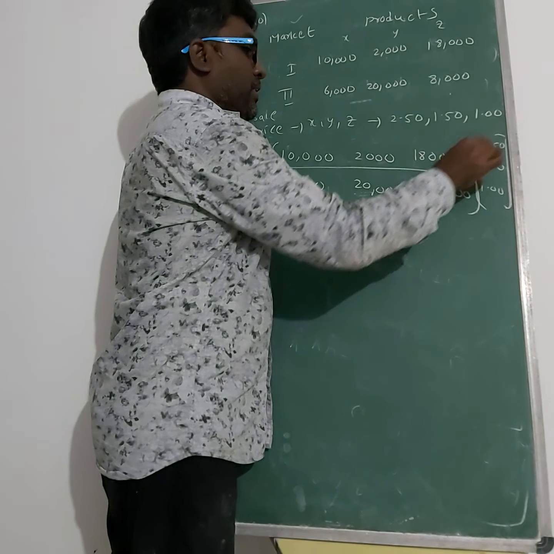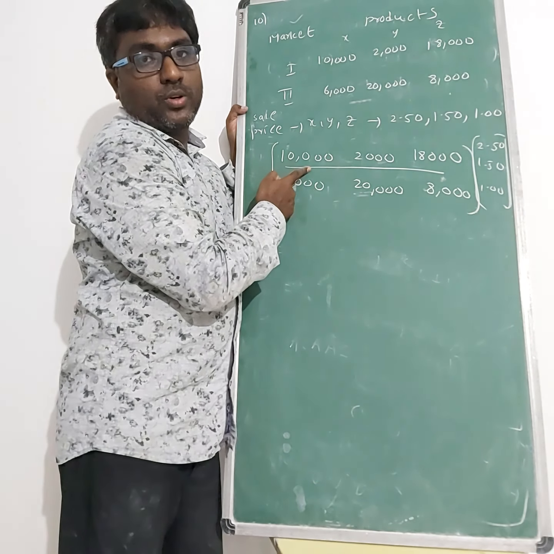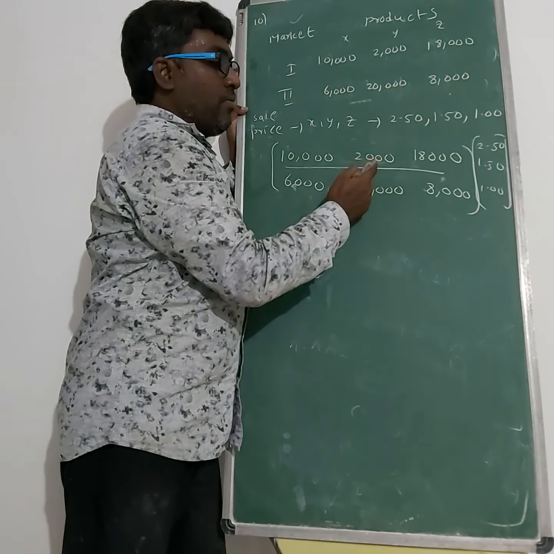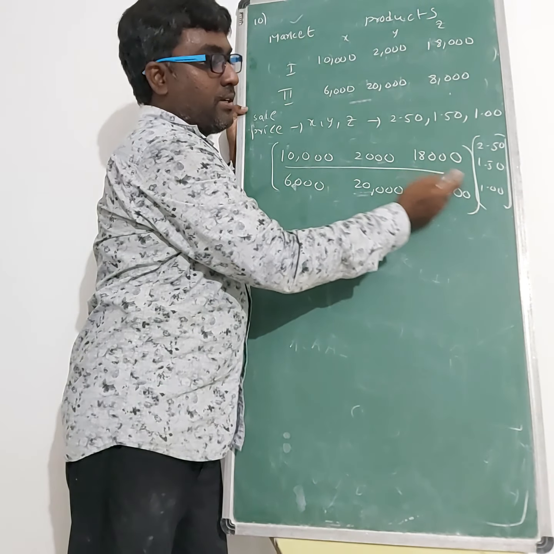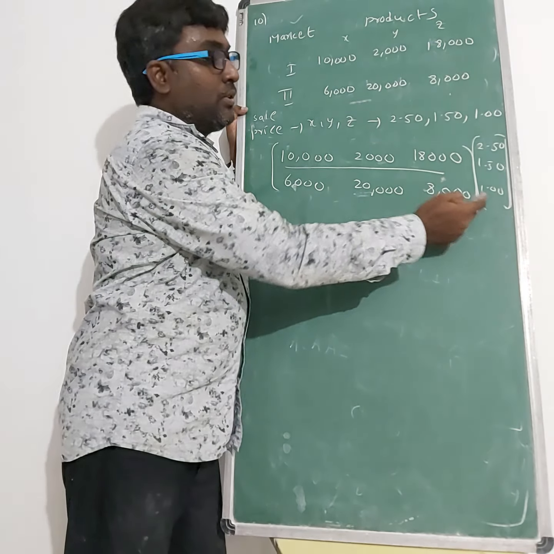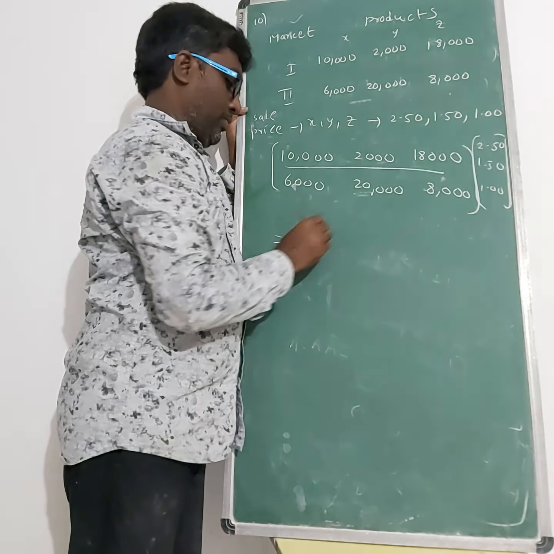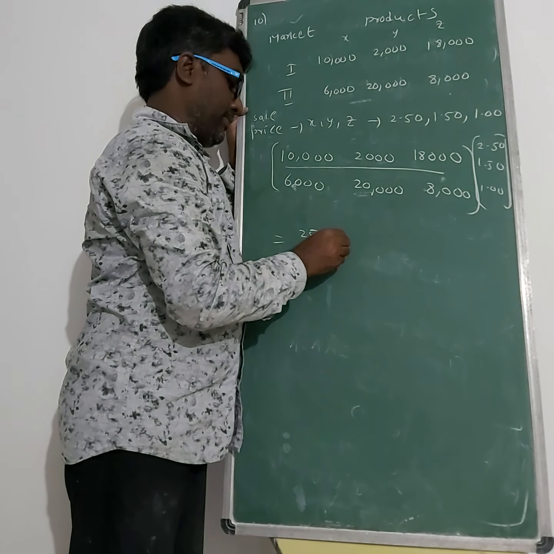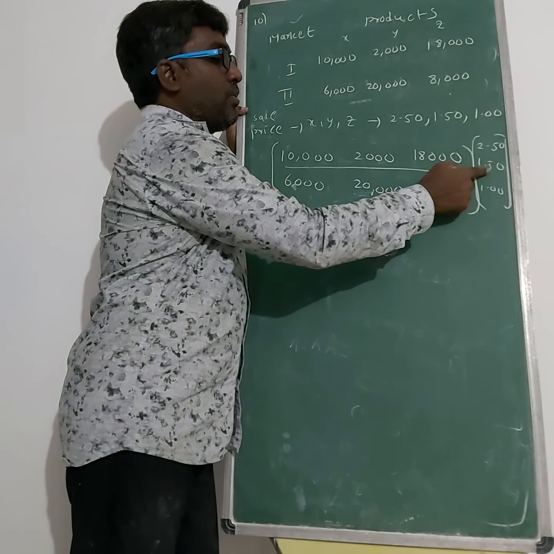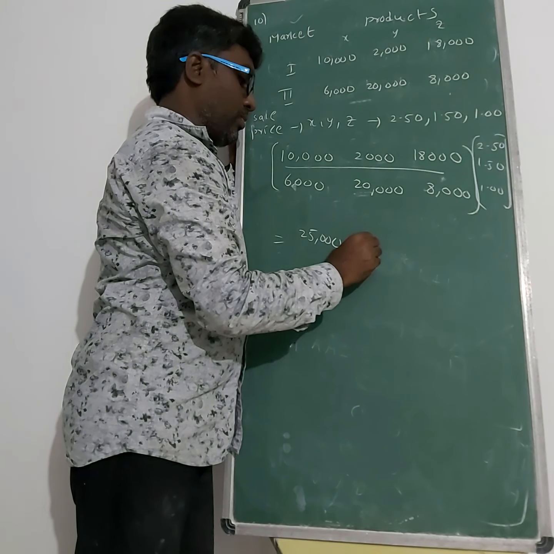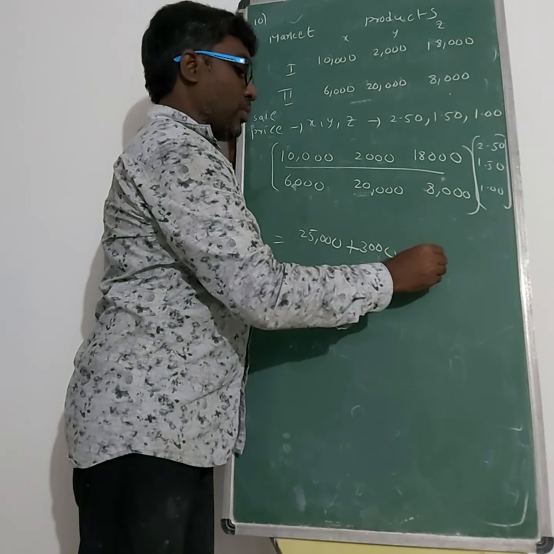Now multiplying the first row and first column: number of X products and the sale of X, number of Y products and sale of Y, number of Z products and each cost of Z. So directly, 10,000 into 2.5 is 25,000, plus 2,000 into 1.5 is 3,000, plus 18,000.